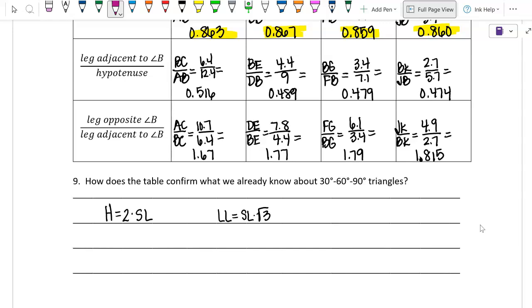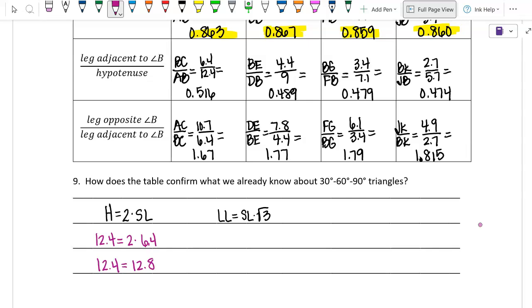Now again, if I didn't measure exactly correct, these numbers could be slightly off. So if we said our hypotenuse was 12.4 and then 2 times our shorter leg of 6.4, we get 12.4 equals 12.8. Now, I know those two numbers are not exactly equal, but are they very close to each other?